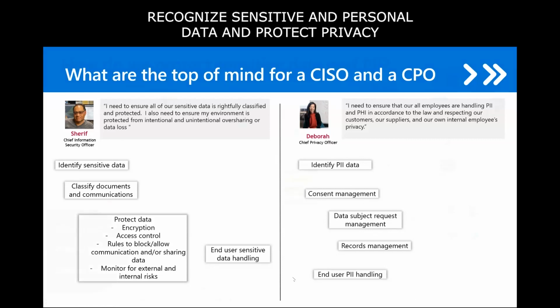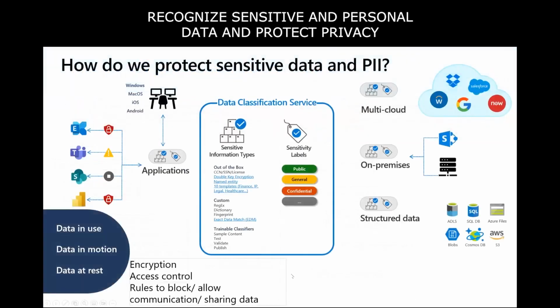Now, let's quickly look at how you protect sensitive data. First of all, we identified and scanned, so we know where our sensitive data is. Now it will help you protect it by using classification technology.